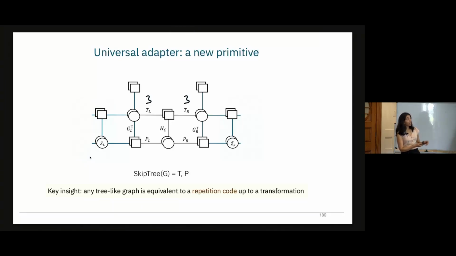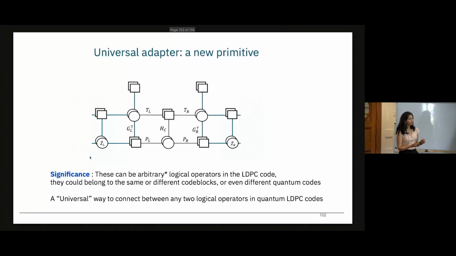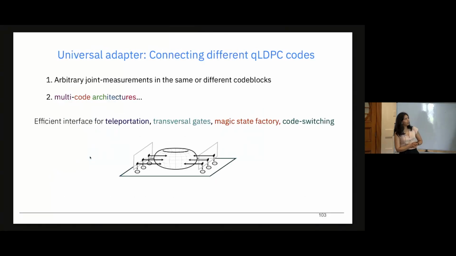We call it a universal adapter because it doesn't assume anything on the code. And as you can see, even in this notation a lot more easily, T is 3 sparse row-wise, and the repetition code always has weight 2. So the weight of this middle stabilizer is 3 plus 3 plus 2, so that's 8. That's another way to see this. And that really was the idea behind the universal adapter.